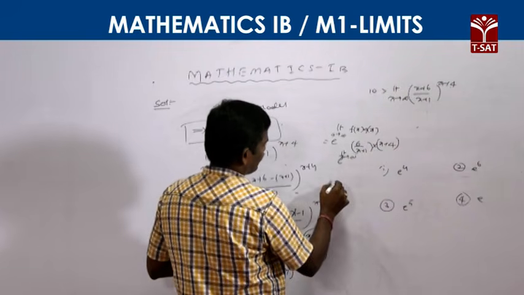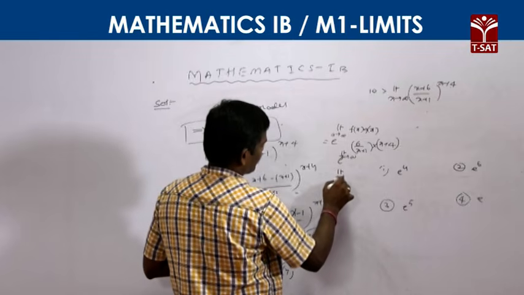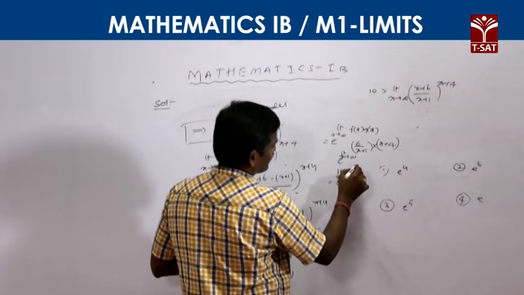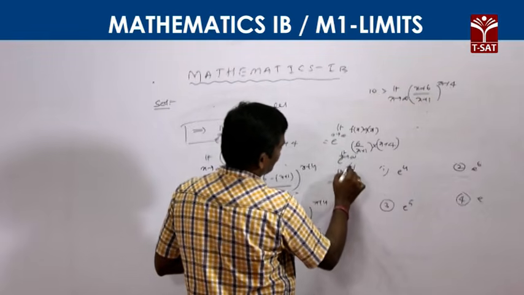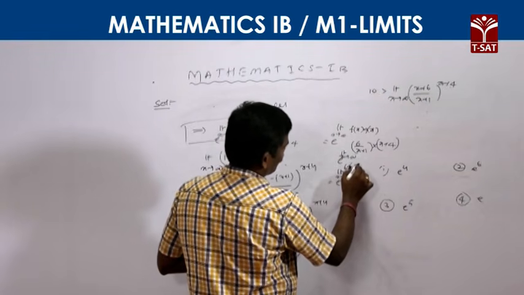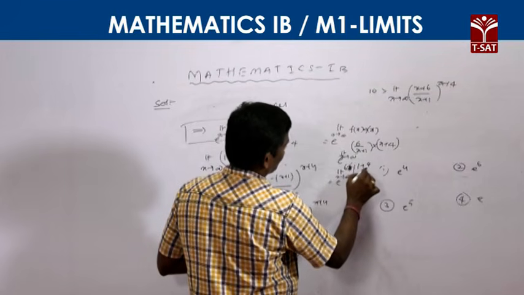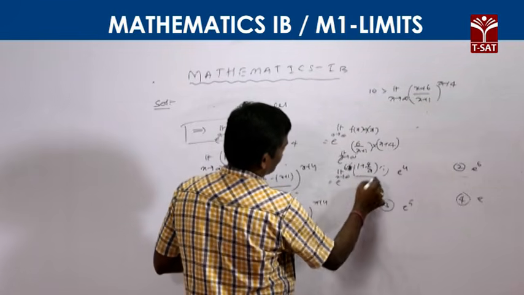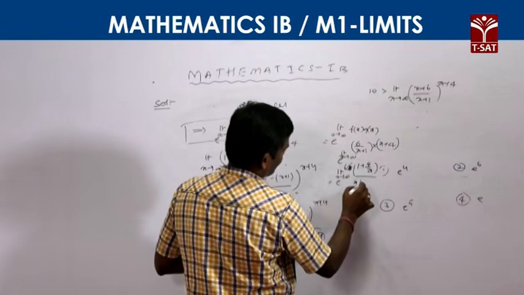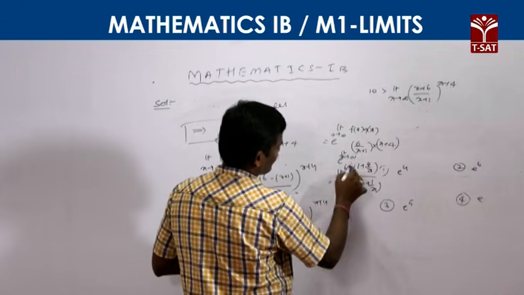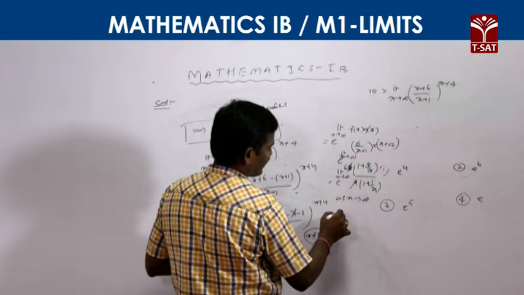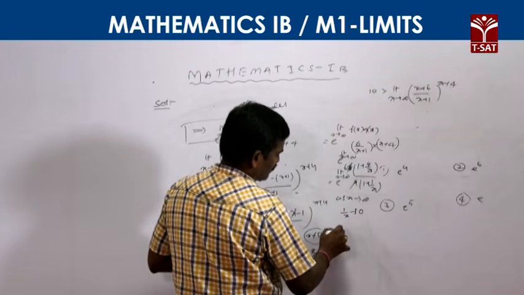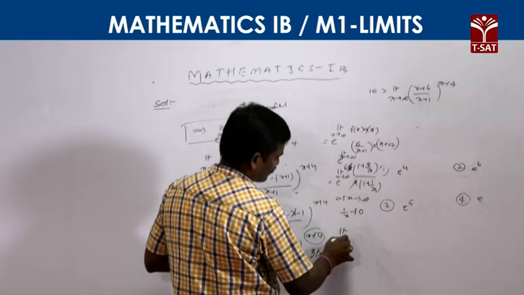So here limit e power limit x tends to infinity, here x take common in the numerator, so 6x is already there, 1 plus 4 by x, and x take common in the denominator, 1 plus 1 by x. This x cancel. So as x is tending towards infinity, 1 by x tends to 0.